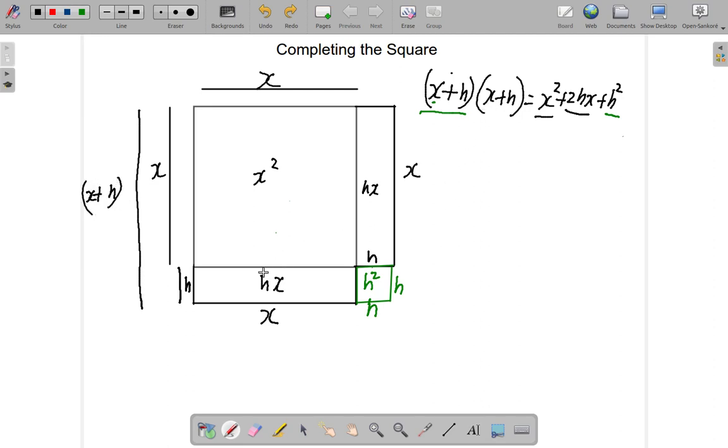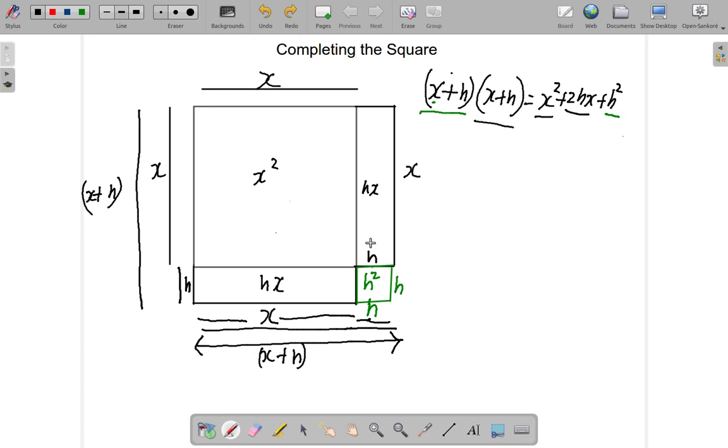Good. What is the width? From here to here is x, and from here to here is h. So from here all the way out to here is x plus h. From this edge to this edge is x plus h, because I go across x and then I go across h.